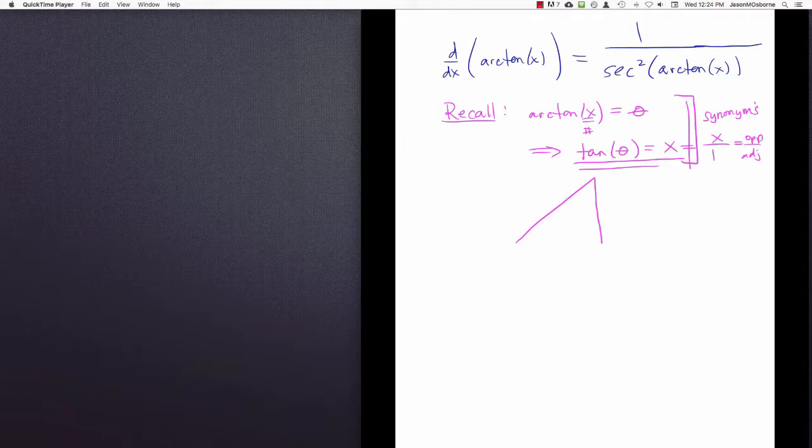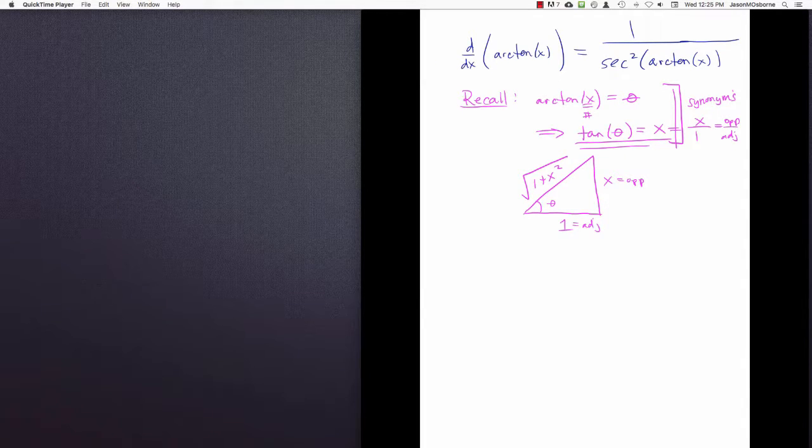So if you draw a triangle with some angle theta, then the tangent is the opposite side of the angle theta over the adjacent side of the angle theta, which by the Pythagorean theorem tells you that you will get the square root of 1 plus x squared for the hypotenuse.